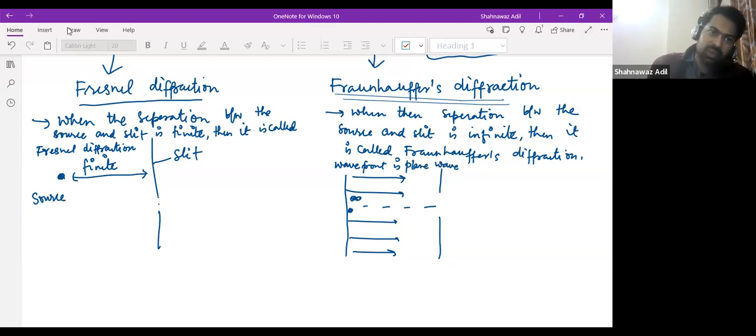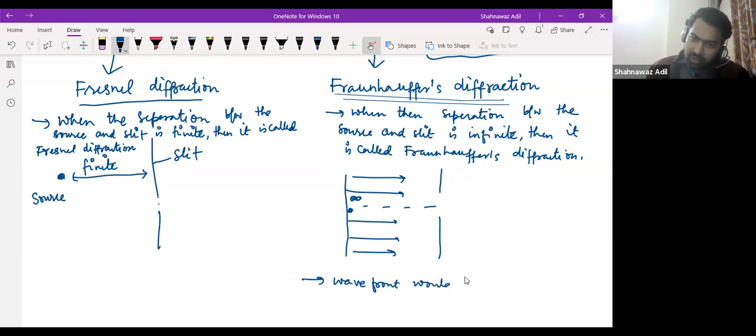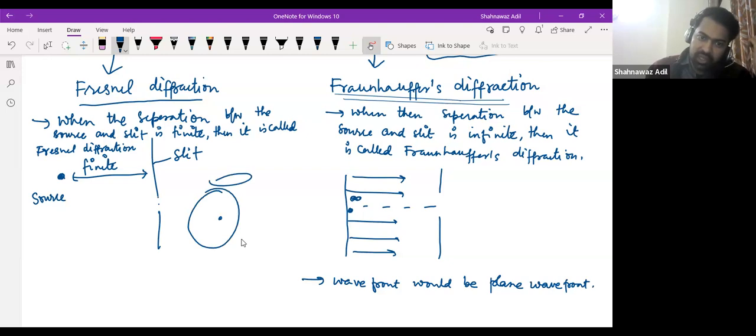Right? So that is what I wanted to talk about. If the source is at infinity, then the wavefront would be plane wave. So this we have discussed. How many types of wavefront? One is the spherical, and then we have the cylindrical.